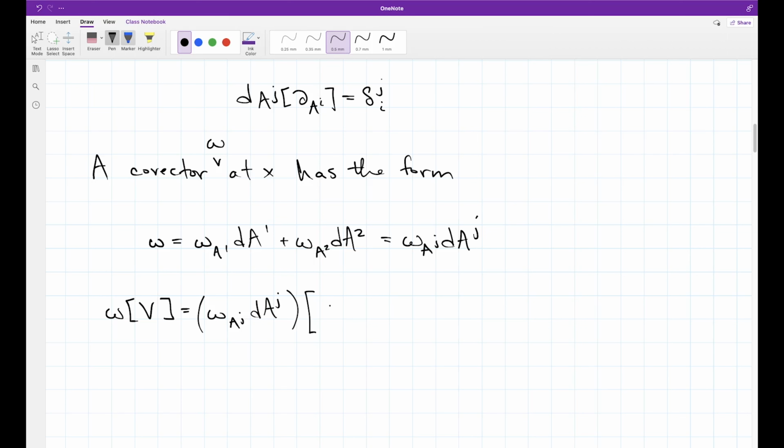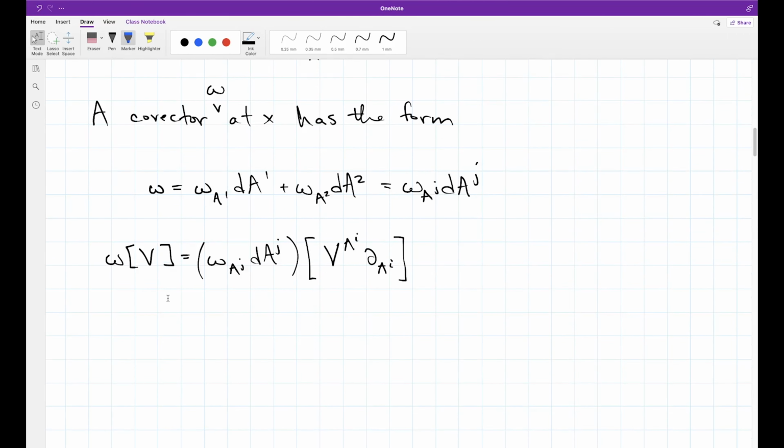And now we're going to have it act on v, which we can say is v^i partial a_i, where the addition over these partials is implied. Now remember that covectors act on the partial derivatives. They act on the basis vectors.